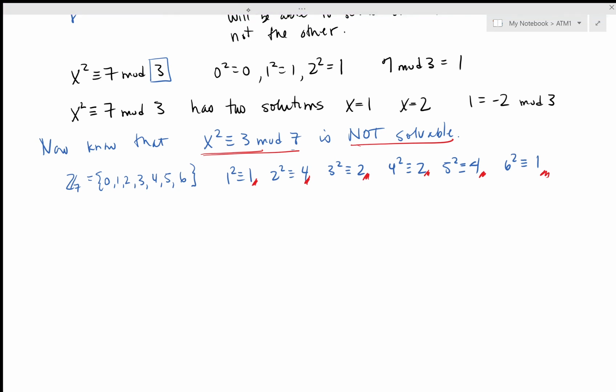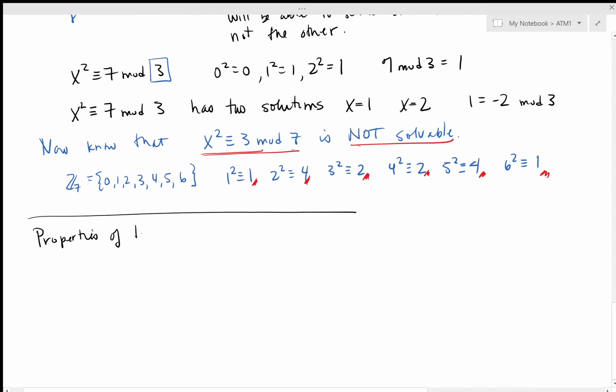So our next thing is properties to get around factoring.